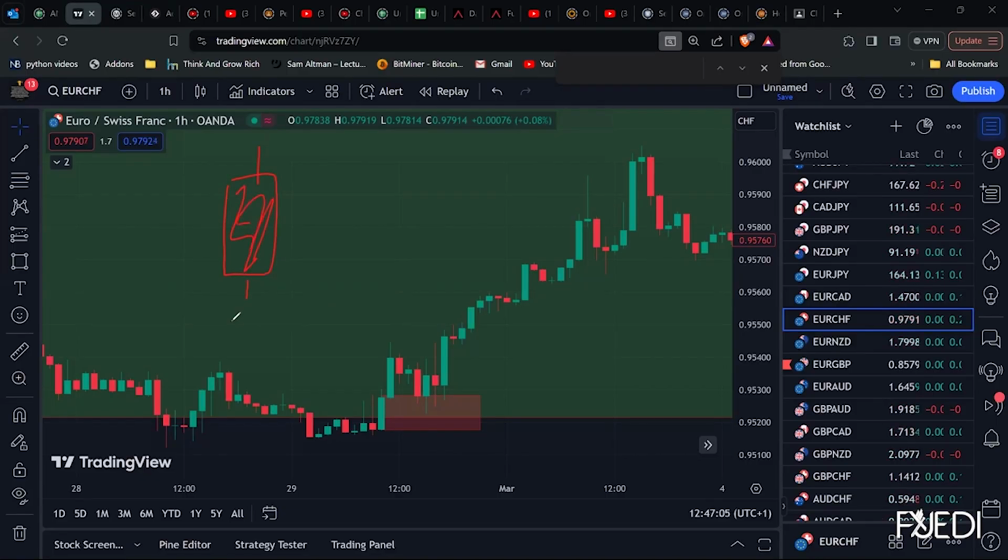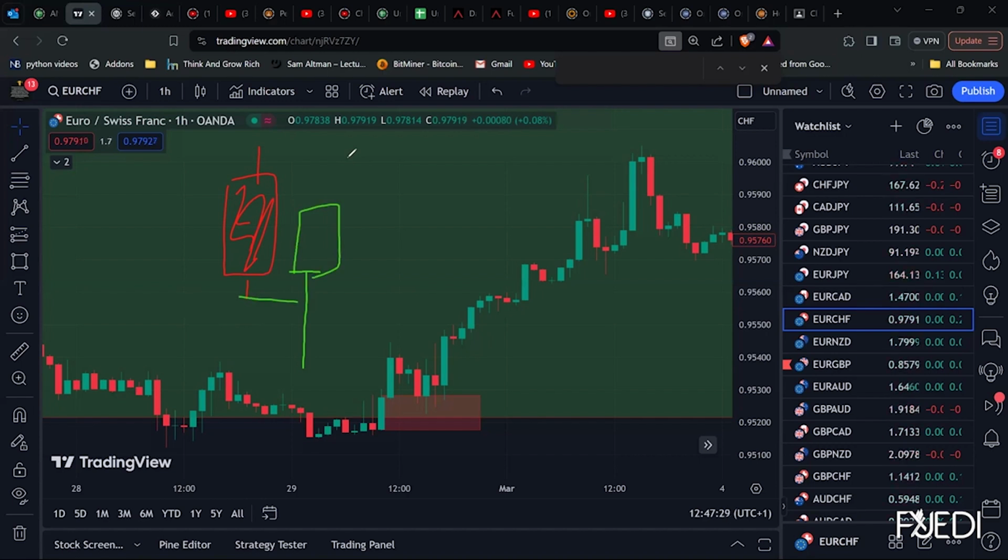Now the next candle can be bullish or bearish, it doesn't really matter. But if the next candle opens here, then goes down like this, and ends up closing above the low price of this candle, this is an absorption candle.